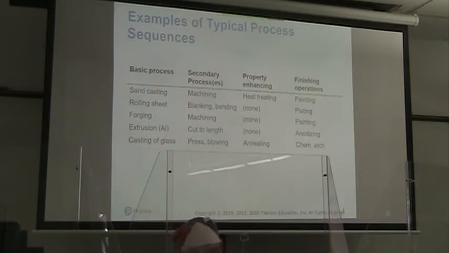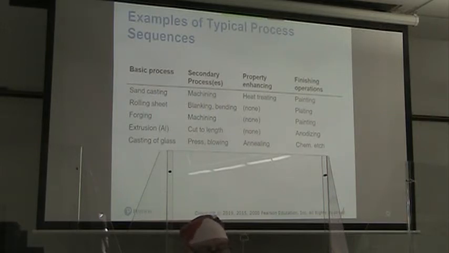Secondary process might be blanking or bending the metal. No property enhancing, and then plating. Similarly, it might be forging, machining, no property enhancement, and painting. The basic process might be extrusion, cutting that to length, no property enhancing, and anodizing. They're noting that that would be particularly for aluminum.